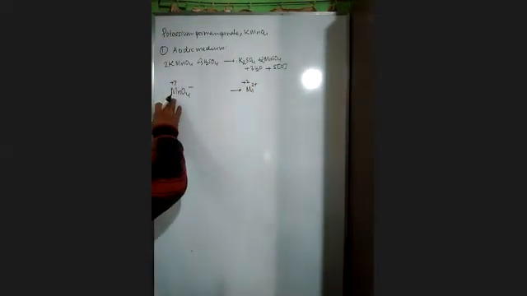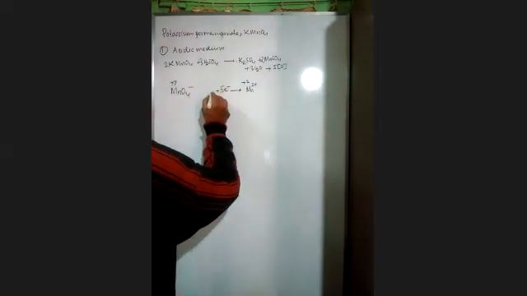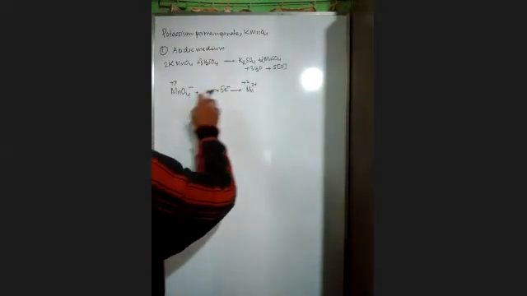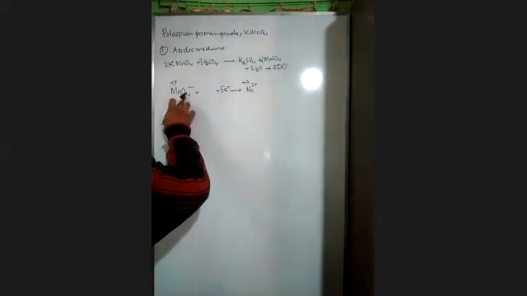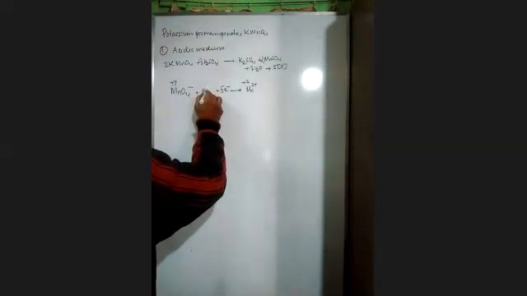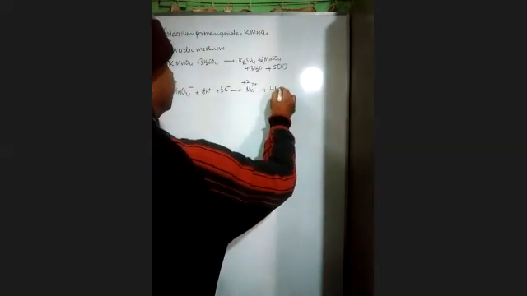So plus 7 is becoming plus 2. So it has to take 5 electron. And in acidic medium, oxygen is always converted into water. And in that case, it will take hydrogen from water. So I write now here 8H plus. So it will give you 4H2O.